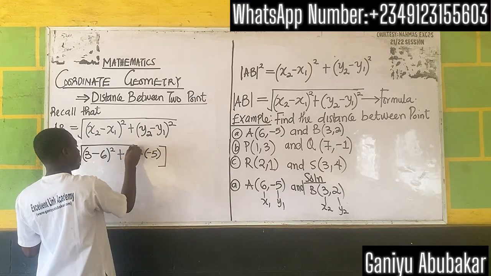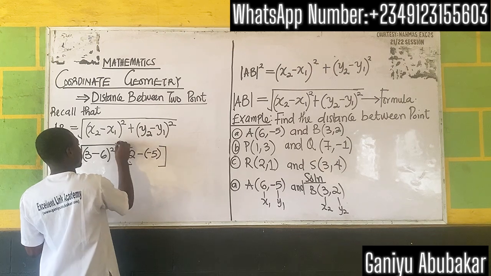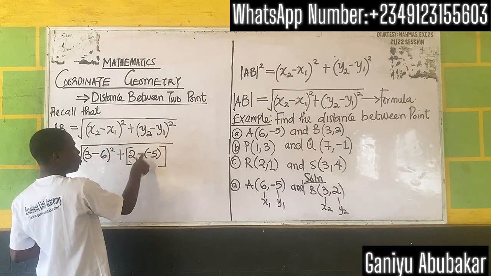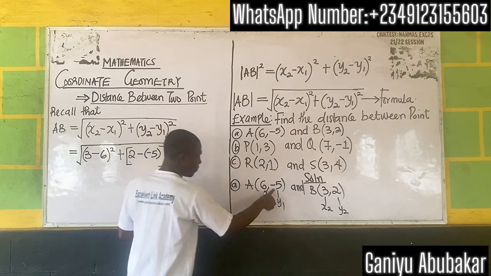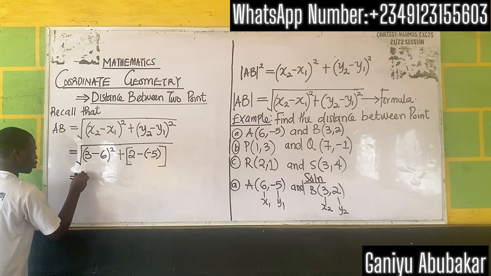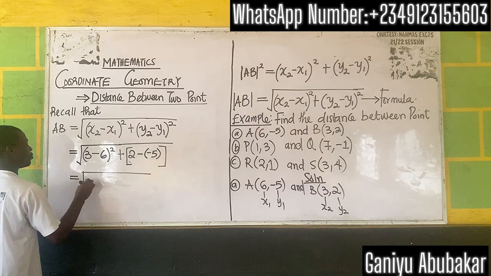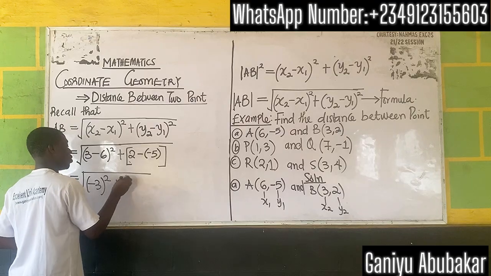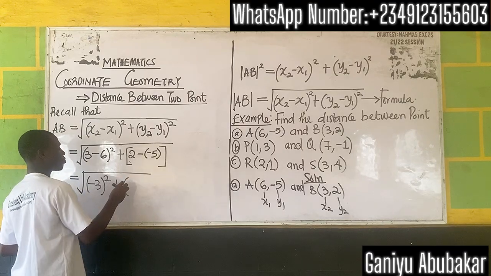Observe my writing, please. y2 is 2, minus, negative, but y1 alone is negative 5. That's negative 5, yeah? Moving on, this gives you the square root of negative 3 all squared plus 2 minus negative 5.